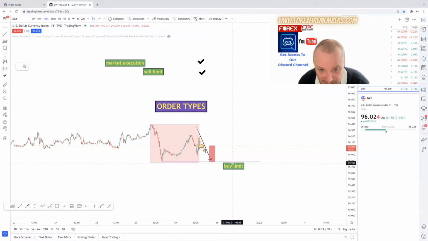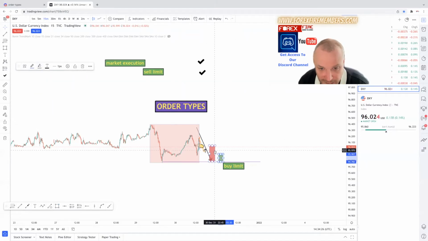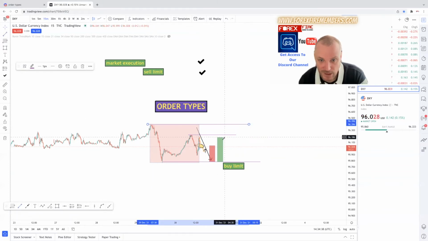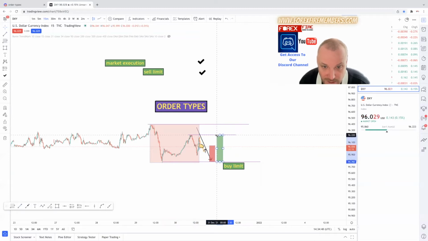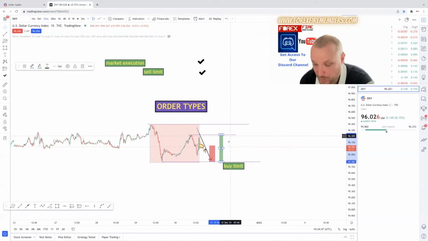You are then anticipating that the next move or the next candle, or maybe the same candle, to come up to start to target these sort of areas here of liquidity, which are your sort of lower high areas. So again, the buy limit is the opposite to the sell limit. It's just going to move in the opposite direction.